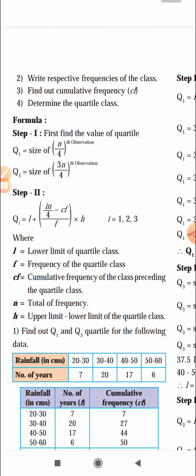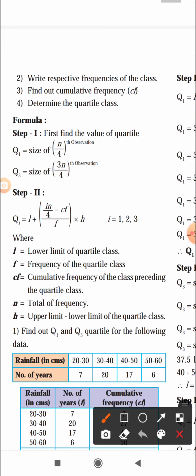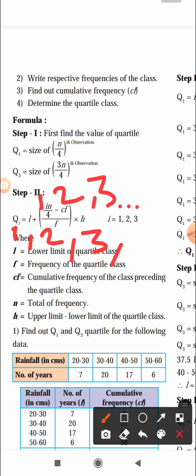Q_i, in place of i we write first, second or third: Q1 for first quartile, Q2 for second quartile, Q3 for third quartile.